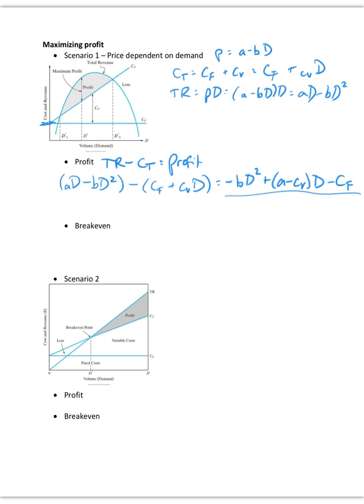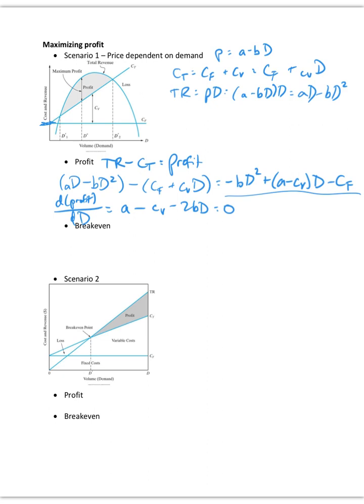As I said, we're usually in the business of trying to maximize or optimize our profit. So in order to figure out what is the demand that would maximize this profit, I'm going to take the derivative of it and set it equal to 0 again. So d profit dD is equal to, and the derivative of this thing with respect to D winds up being A minus C sub V minus 2BD, and we're going to set that equal to 0.